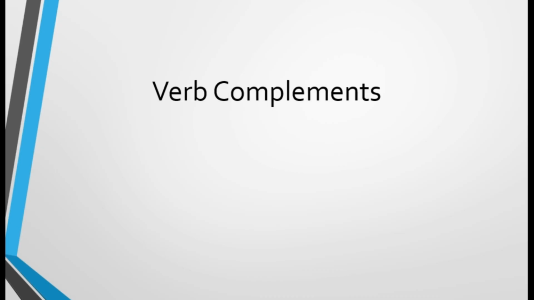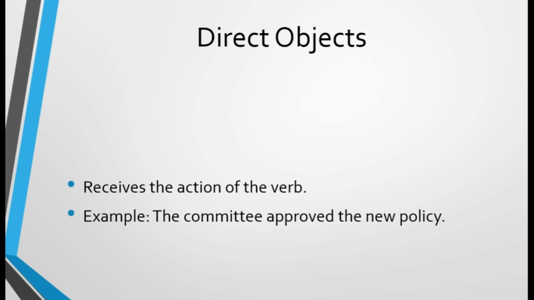Now, the verb complements are divided into two subtypes, which are the direct object and the indirect object. In regards to the direct object, it's the word that receives the action of the verb.